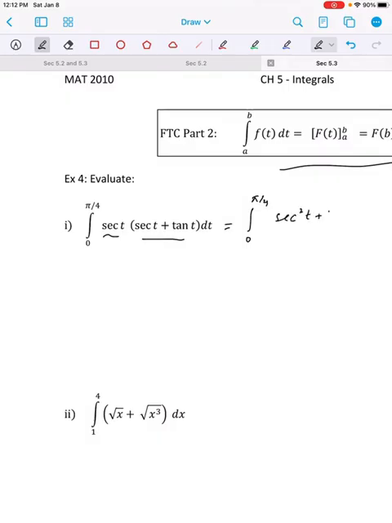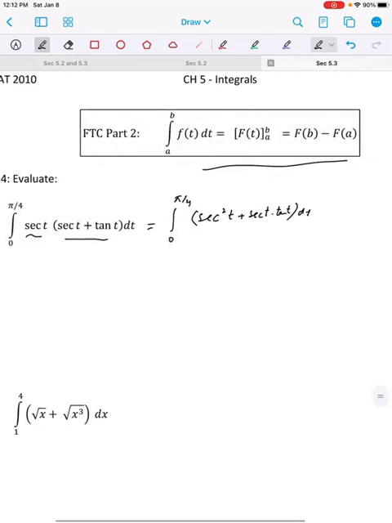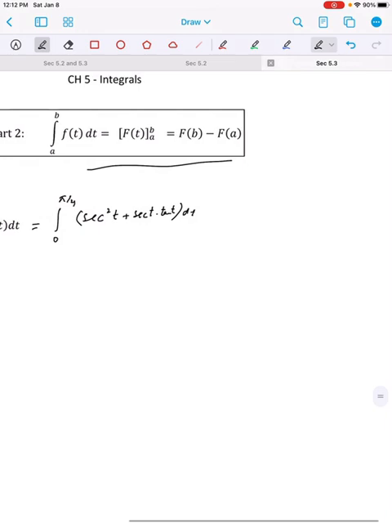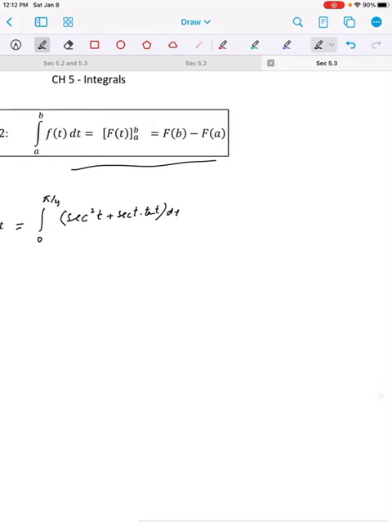dt. Then the functions that I have now are familiar, so we know the antiderivative of these functions. What is the antiderivative of secant square? It's tangent. And what is the antiderivative of secant t tangent t? It's secant t.